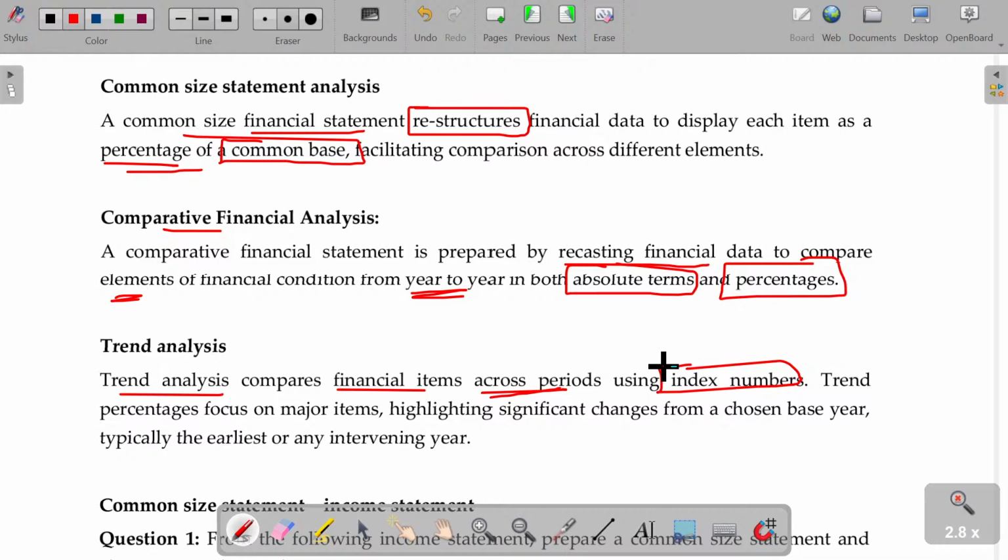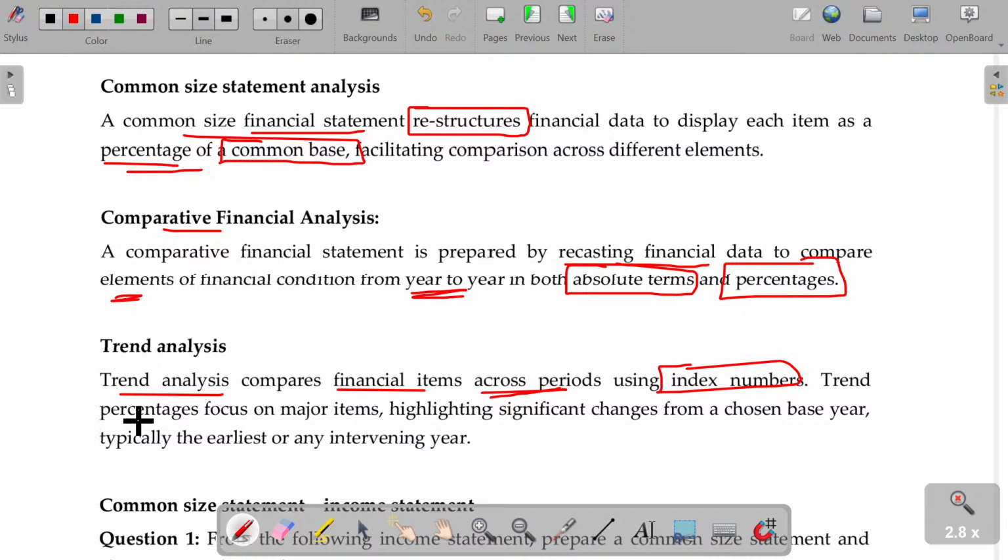So you can take the base year value as 100 and the change is reflected by keeping the base year's value. For any year, that year's value should be in the numerator and the base year's value in the denominator, you multiply it with 100. That's how we can calculate the index.